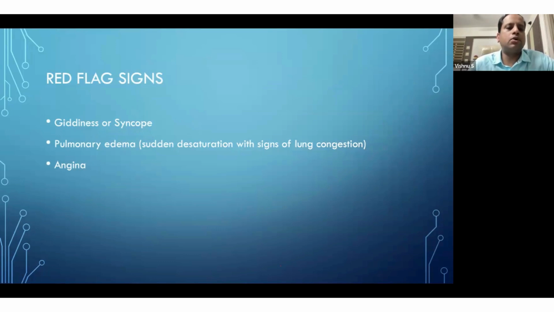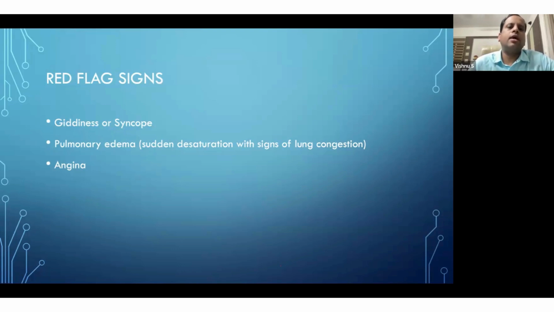The patient is unable to maintain posture, has some form of fatigue so that he has to sit down, is sweating, or loses consciousness, or is in pulmonary edema. How will you know pulmonary edema? The patient will be relatively stable, then have sweating and sudden desaturation with signs of lung congestion. A patient experiencing angina during these tachy episodes also has a red flag sign.